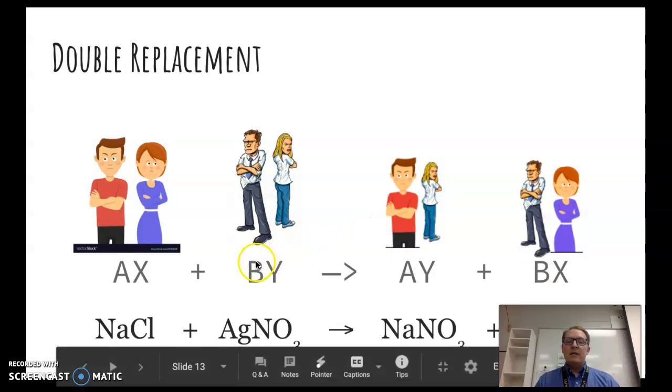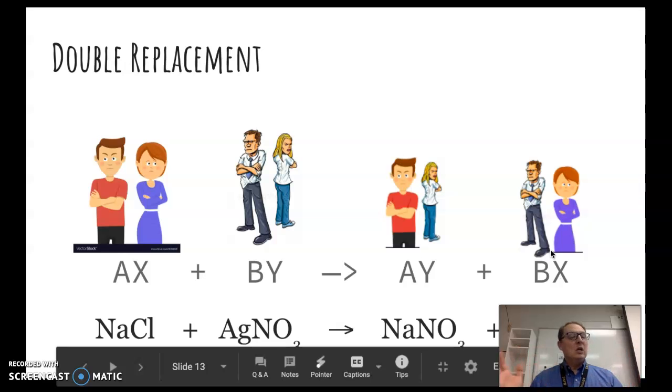And here, the second relationship, Ag, which is silver, is like this guy. And NO3 all together, I know that's a little weird to have them all together, but NO3 all together is like this lady, Y. And so A and Y join up on the other side of the equation, and X and B join up on the other side of the equation.